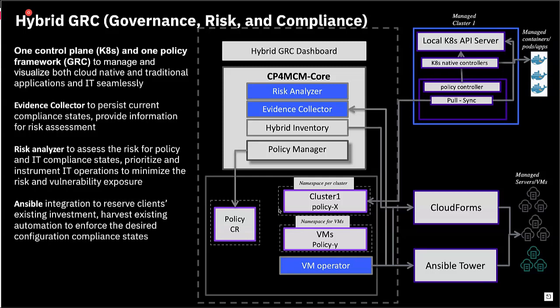This is important because in GTS, Ansible is rolling out everywhere for over 2,000 clients. So by doing this, we can preserve their existing investment in Ansible Tower. Cloud Pak for MCM can become the central control plane, or the brain, and instrument Ansible as the muscle. Okay, next chart, please.